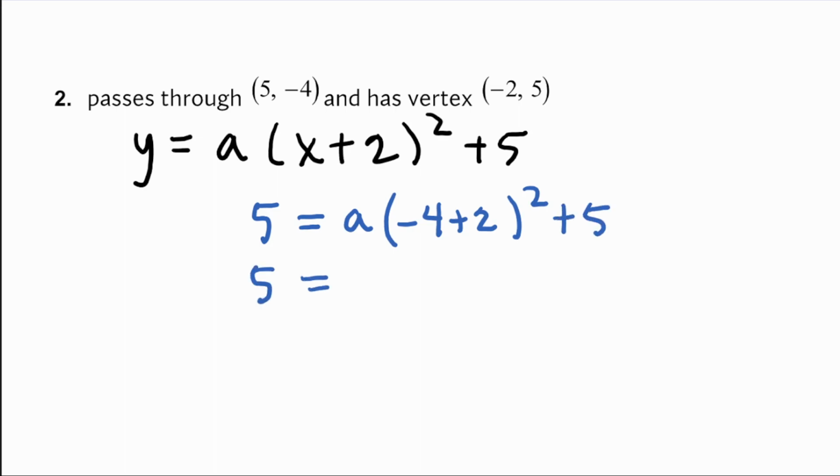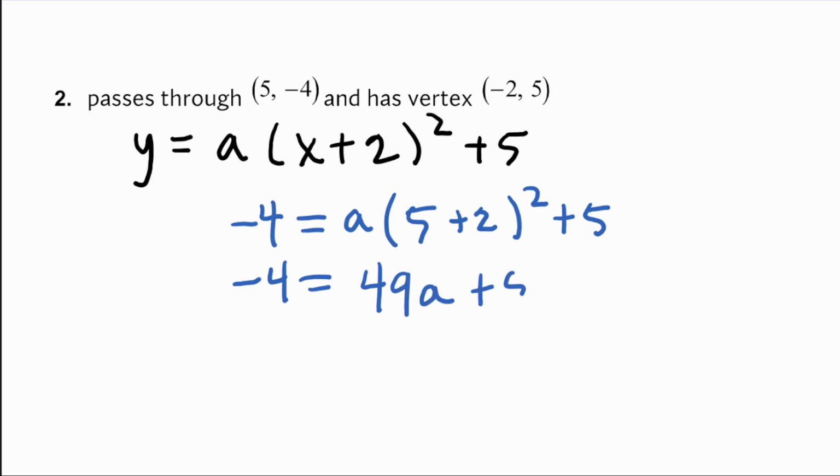Okay, so 5 will equal, oh no, I don't know what to do here. 4a plus 5. Oh, I plugged in wrong. Y is -4 and x is 5. Okay, that makes more sense. Then -4 will equal a times 49 plus 5.